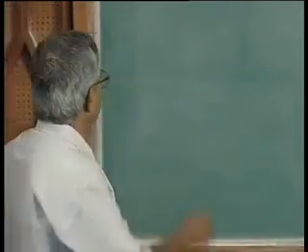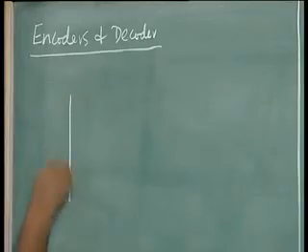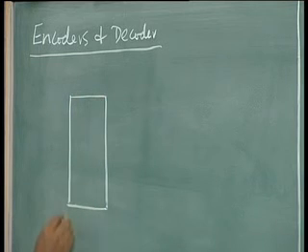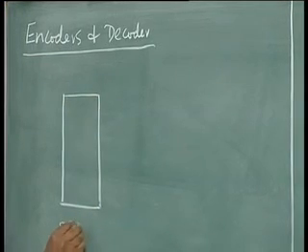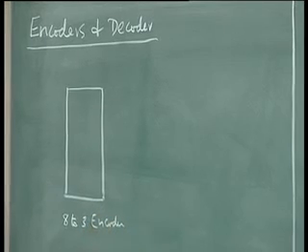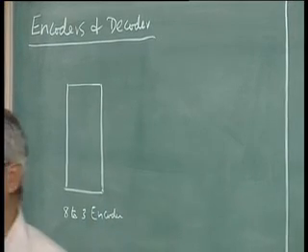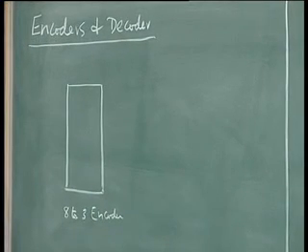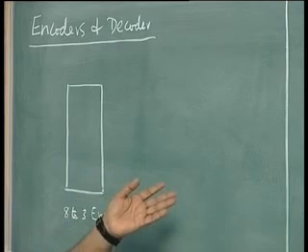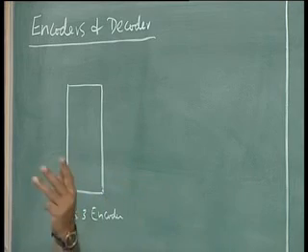So, an encoder, for example, suppose I had 8 inputs, an 8 to 3 encoder. Assuming only one of the inputs is active, could be active high or active low, at a given time, all we have to know is which of these 8 inputs is active. So, you need only 3 bits for that.